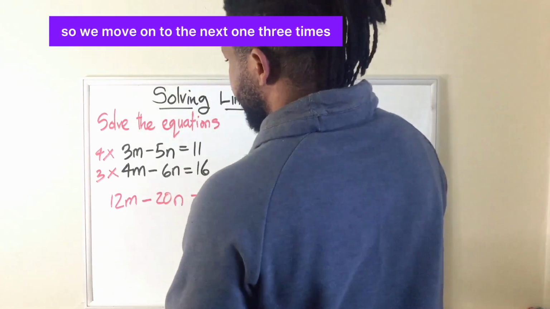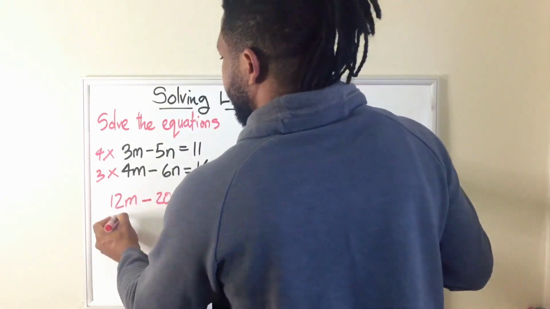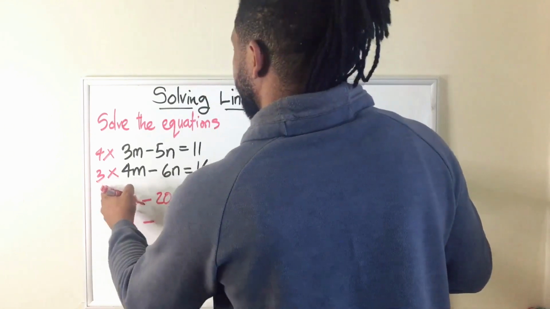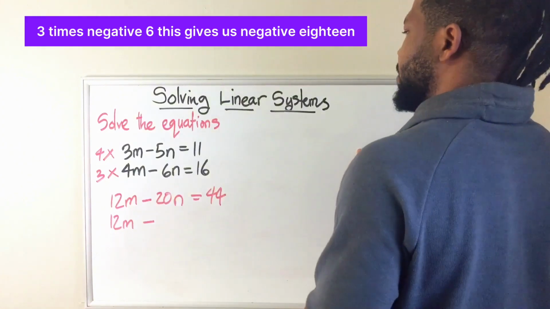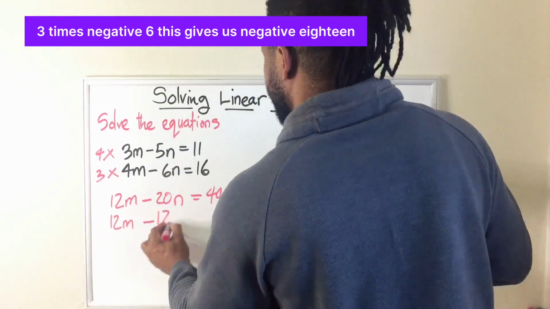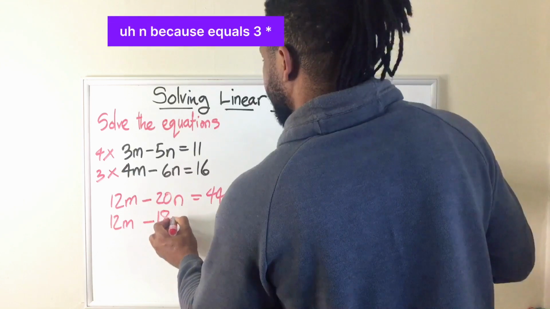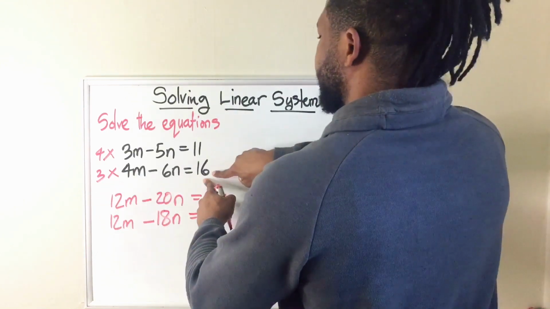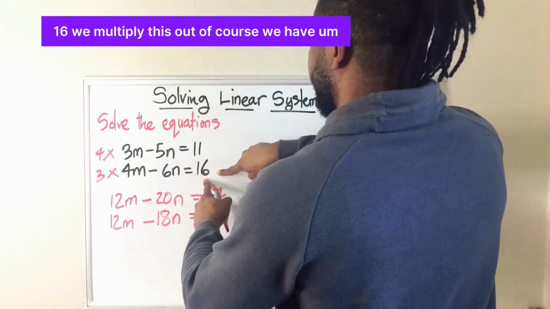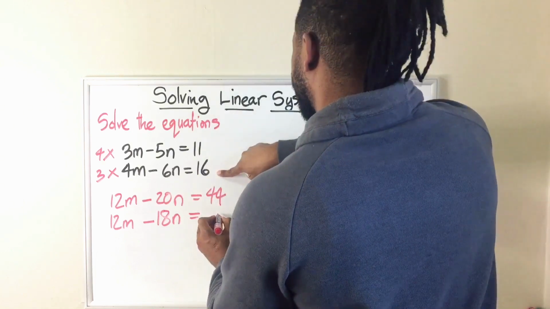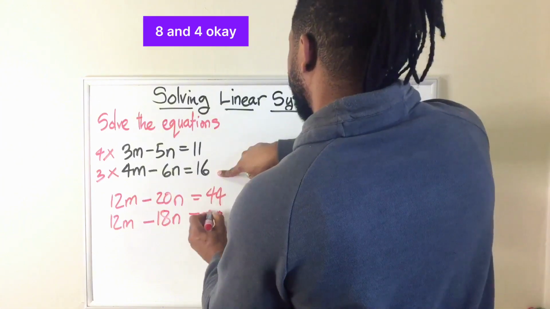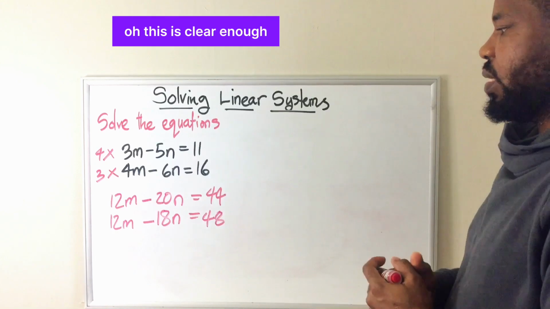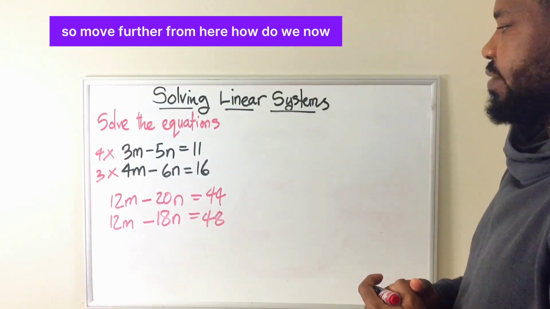So we move on to the next one. 3 times 4, this is 12m, and minus 3 times negative 6, this gives us negative 18n, and equals 3 times 16. We multiply this out, of course, we have 48. I hope this is clear enough. So we'll move further from here.